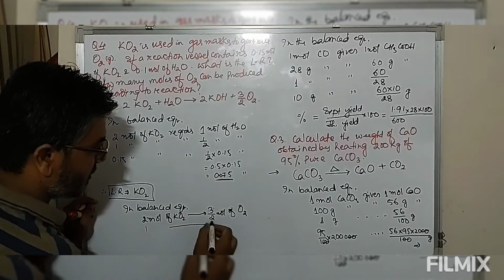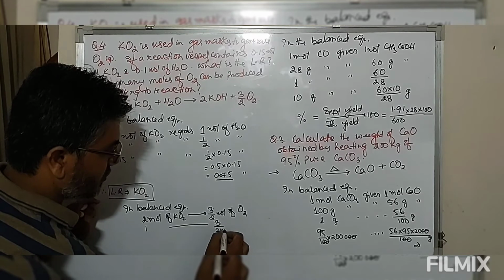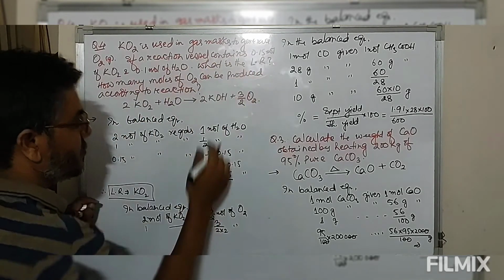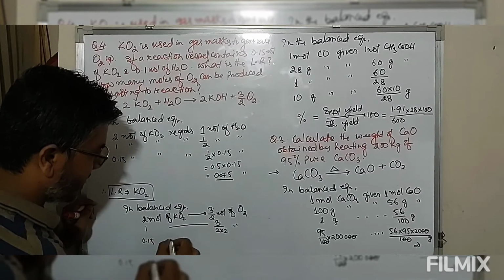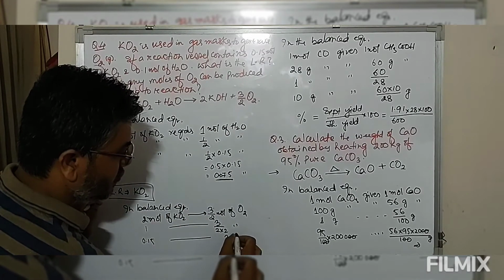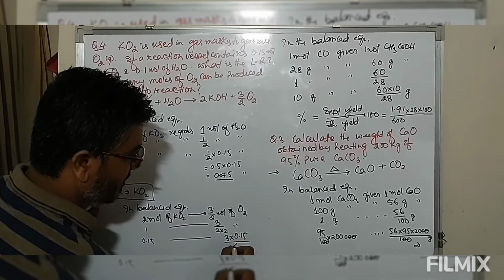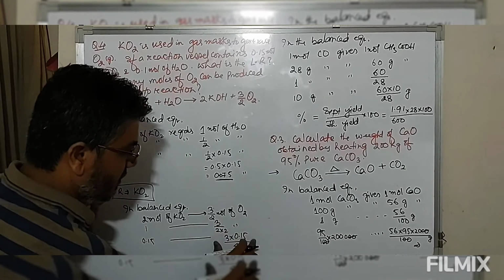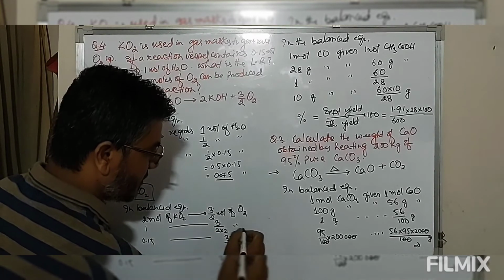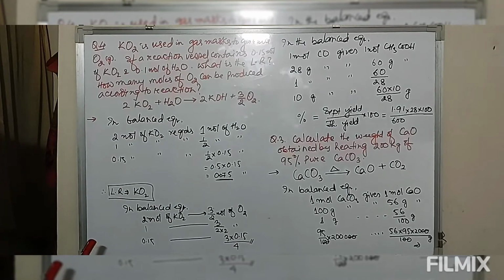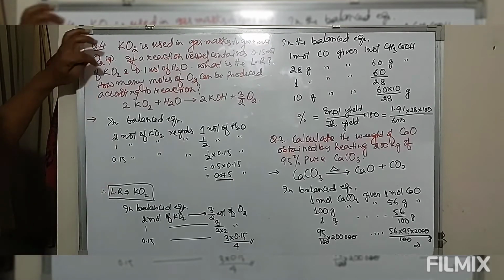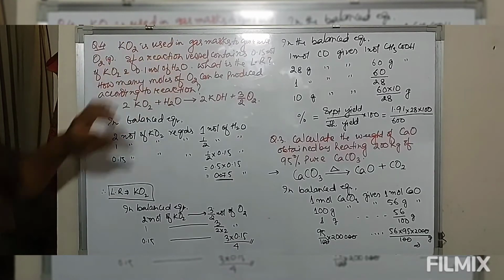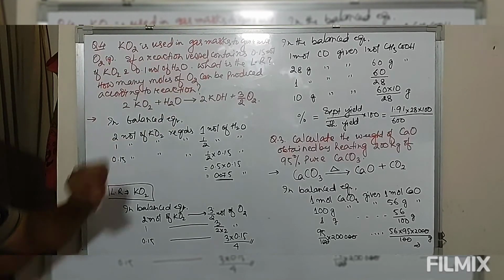So 1 mole will give you 3/2 into 2 mole of oxygen. Then the actual amount is 0.15. So 0.15 will give you 3 into 0.15 divided by 4. So this is the actual number of moles of oxygen that could be produced when we have 0.15 mole of KO2 and 0.01 mole of water is introduced, which reacts according to this reaction.